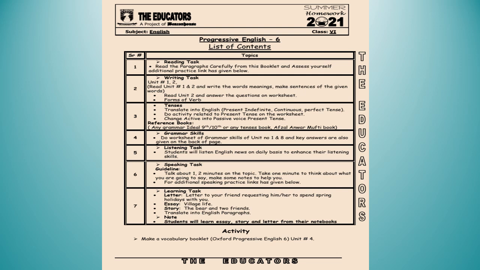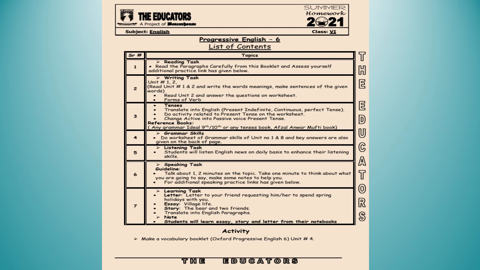Moving on, dear students, we have tenses, which include present indefinite tense, present continuous tense, present perfect tense. There is also an activity related to present indefinite tense which you need to solve. Then, dear students, we have active and passive voice which you have to solve.